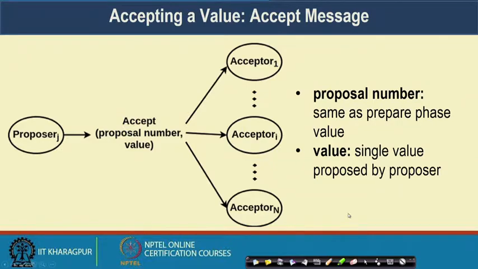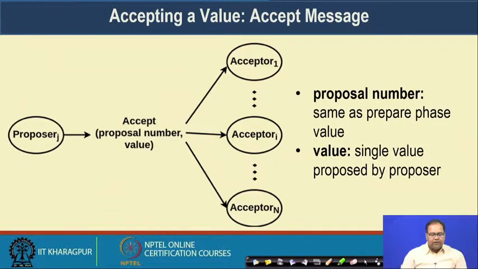So, the final stage is this accept message. The proposer sends the accept message to all the acceptors. In the accept message you include the proposal number, similar to the prepare phase, so that the proposer knows that my proposal has been accepted, and the value is the single value that is proposed by the proposer.